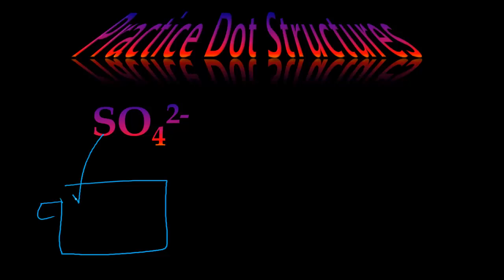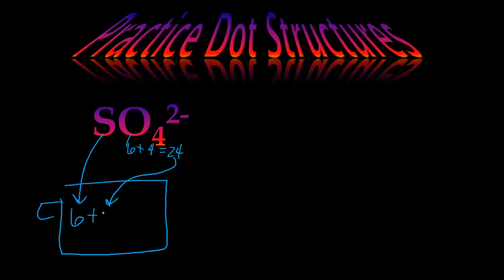One more, SO4 minus 2. So we've got our pot. S is group 6, so it gives me 6 electrons. O is also 6 times 4, so that is 24.